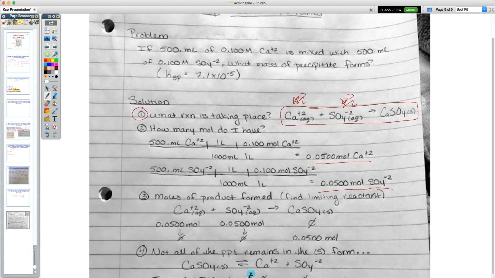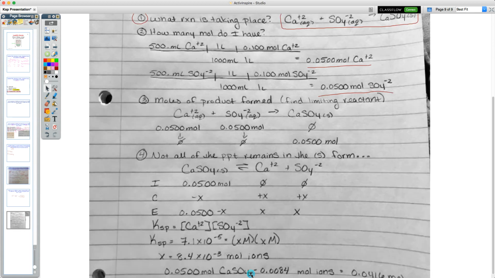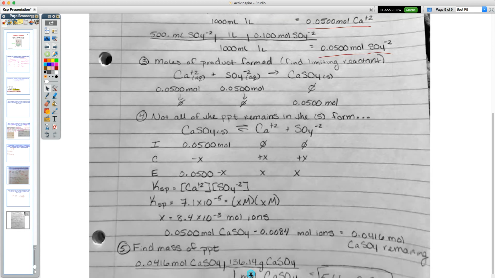So if we go down a little bit, what we'll see is we need to find the limiting reactant. We've got the calcium, we've got the sulfate. This goes down to 0, and this goes down to 0.